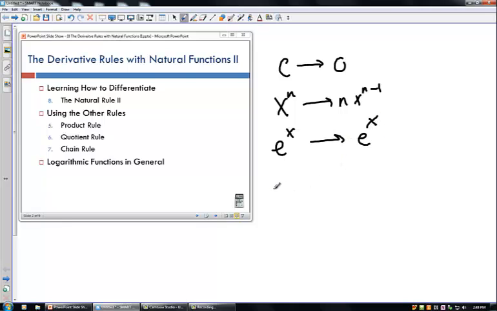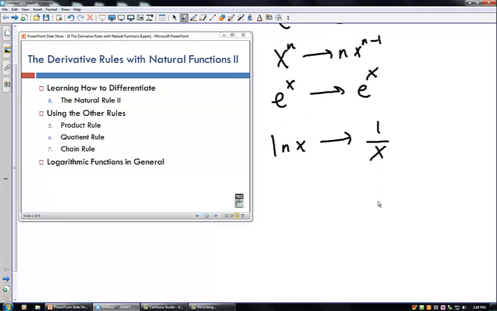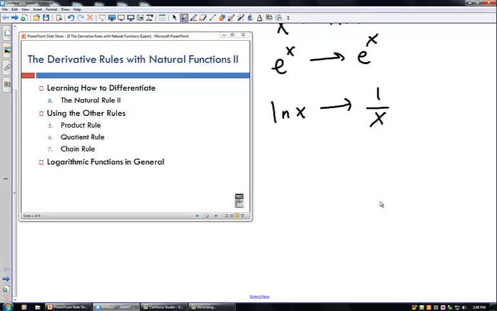And so today, I want to learn how to take the derivative of the function ln of x. It will turn out the derivative of ln of x is 1 over x. And so the way this works, let's write down the rule here. This rule is the natural rule, and we'll call it part 2.